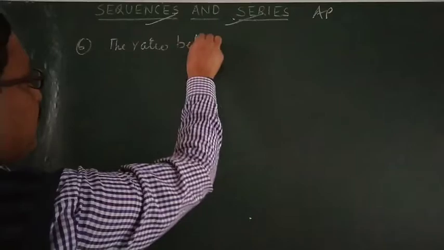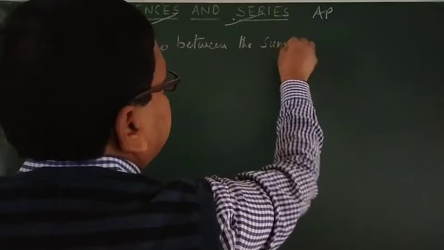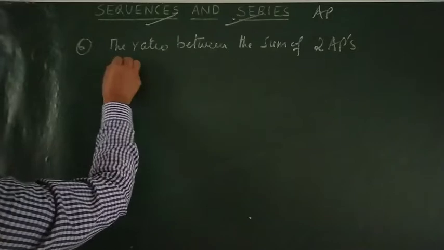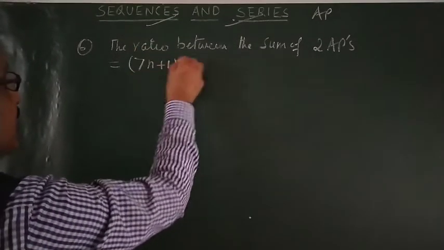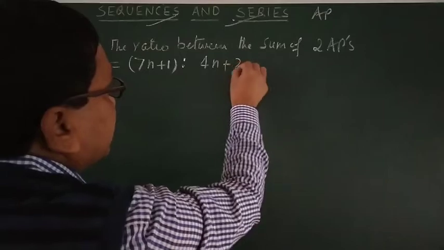The ratio between the sum of n terms of two APs is equal to 7n plus 1 by 4n plus 27.